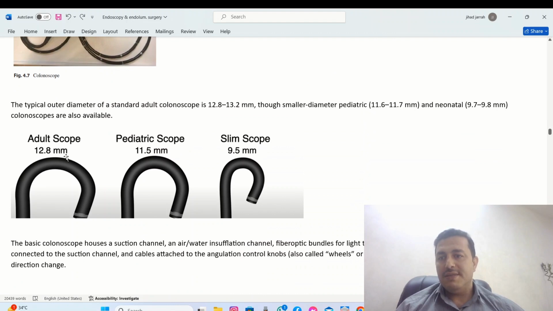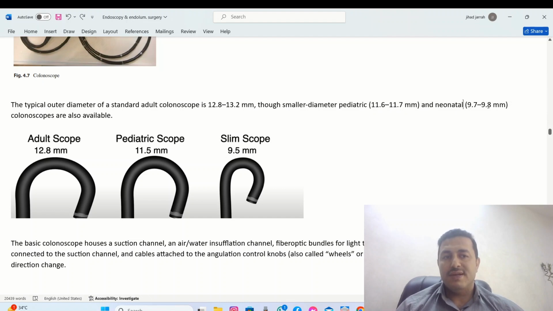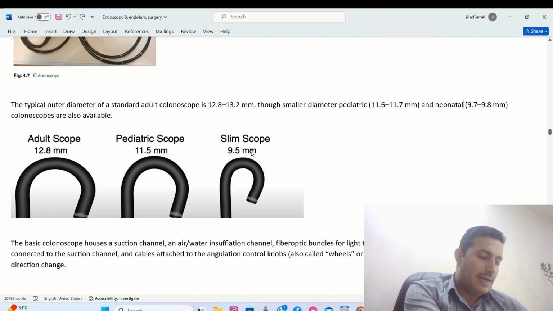The outer diameter also differs. Here you can see adult colonoscope from 12.8 to 13.2 millimeters, smaller pediatric 11.6 to 11.7, and even neonatal we have 9.7 to 9.8. You can see here adult, pediatric, and this is the outer diameter.